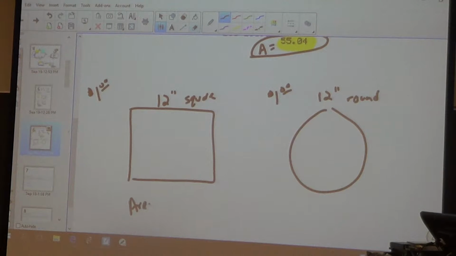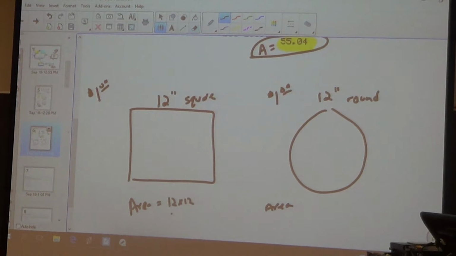Well, we want to know the area, because Madison wants the most pizza when she puts it in the oven. So what's the formula for the area of a square? Length times width, or side times side. So how would I find the area of the first one? 12 times 12, which is 144 inches squared.